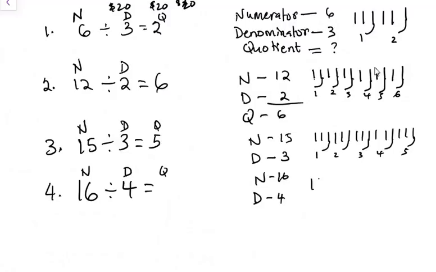Then we have 1, 2, 3, 4, 5, 6, 7, 8, 9, 10, 11, 12, 13, 14, 15, 16. Now we ask ourselves, how many times will 4 go in 16? Then we count it. 1 to 4, 4, 4, and 4. So 1, 2, 3, 4. So that means it's 4.